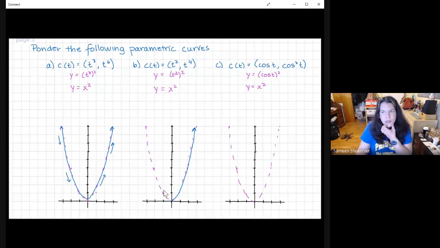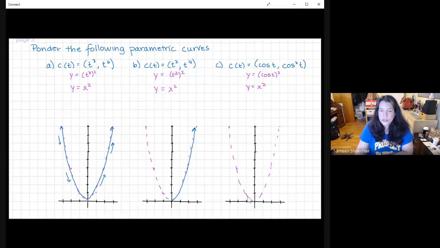And then let's also think about what direction the particle actually travels on this curve, because that's the other part. When you graph a parametric curve, not only do you want to put the path, but you have to put the direction that the particle travels on the path. So starting from t equal negative infinity, when we square it, we're going to have something close to positive infinity.